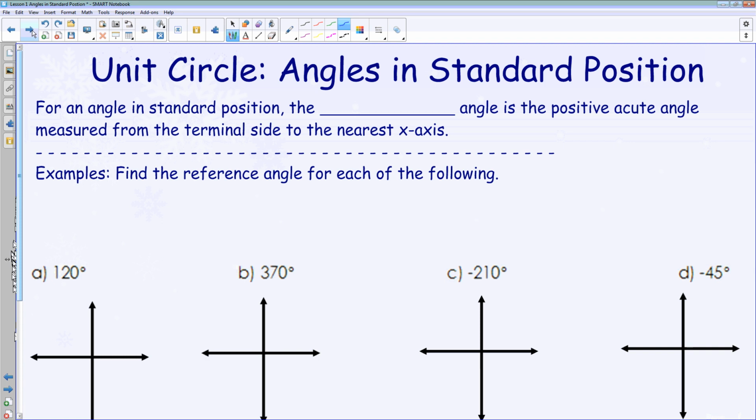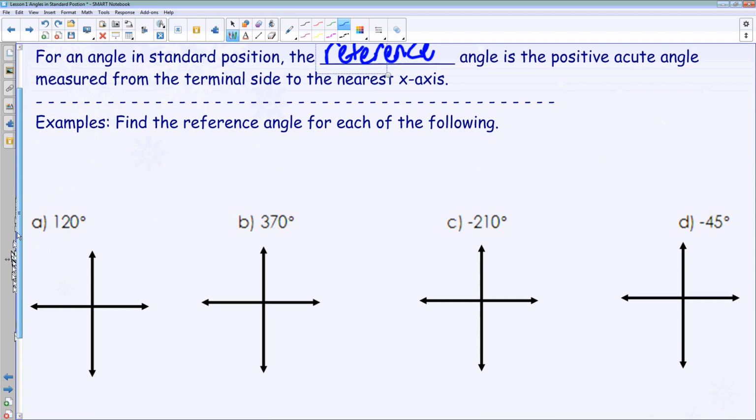For an angle in standard position, the reference angle is the positive acute angle measured from the terminal side to the nearest x-axis. And we actually talked about reference angles in our last unit a little bit with triangles, right?